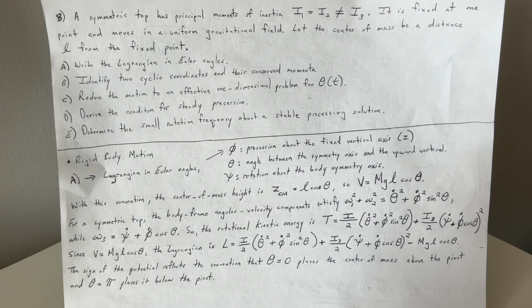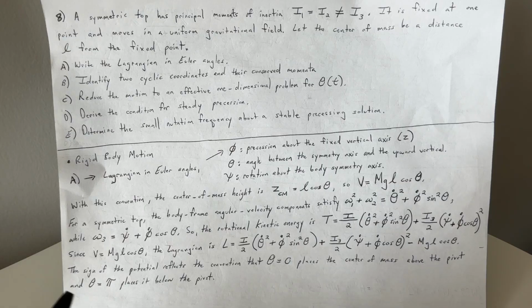So the rotational kinetic energy is T equals I over 2 times the quantity theta dot squared plus phi dot squared sine squared theta, plus I sub 3 over 2 times the quantity psi dot plus phi dot cosine theta, squared.